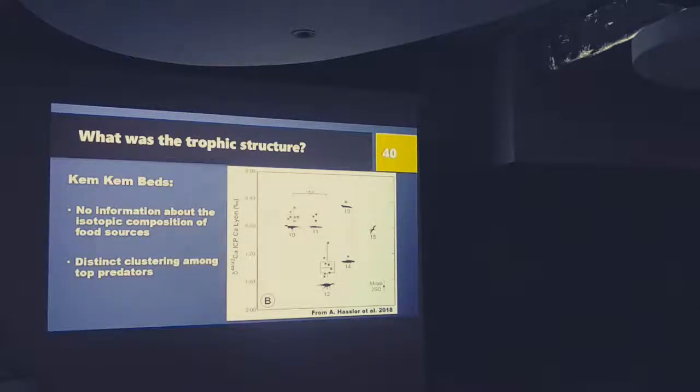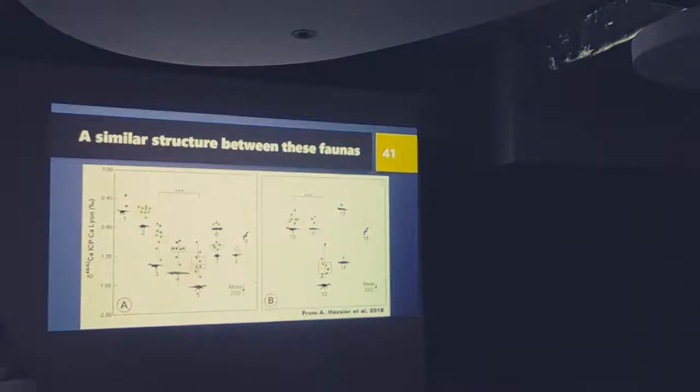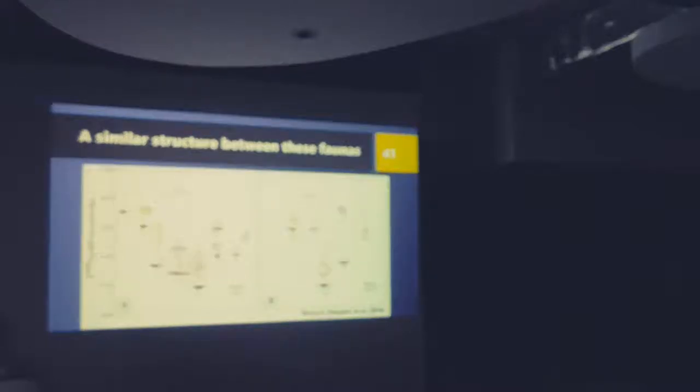So in both faunas we have this distinct clustering and a similar trophic organization, even if for the Chemini bed we don't have enough data to go as far as we can with the Gadoufaoua fauna. So now, thanks to this data, we know that there is resource partitioning, but we still need to quantify the diet of these predators.